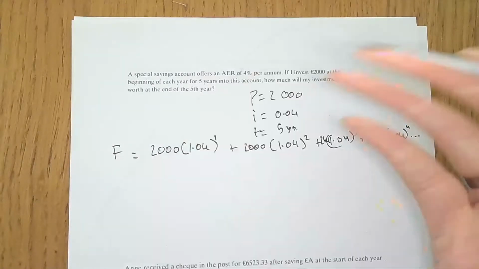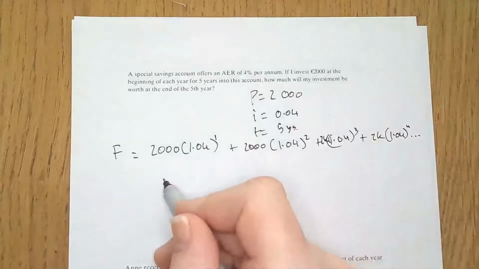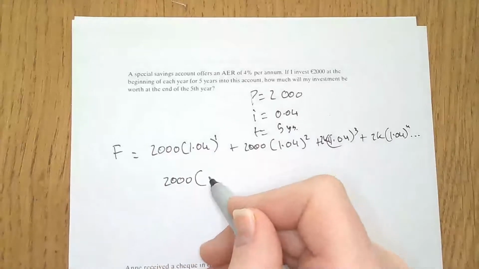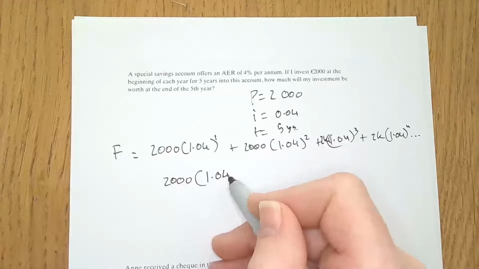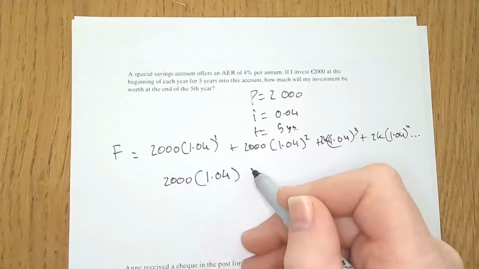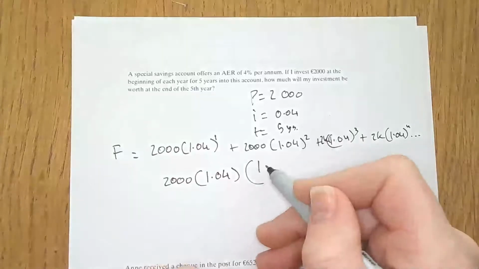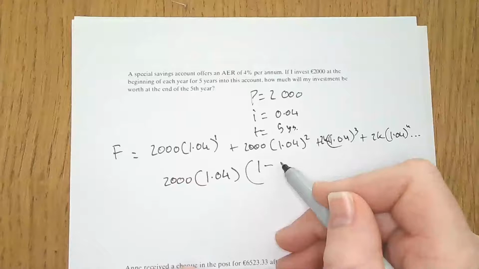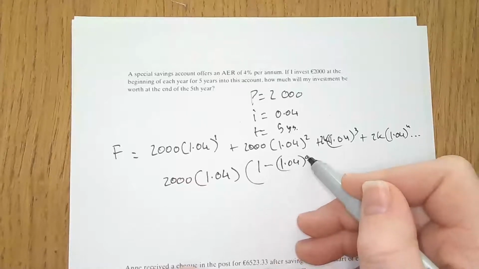So it's P bracket 1 plus I. So that's 2000 bracket 1.04 to the power of 1 multiplied by big fraction 1 minus 1.04 to the power of n, or t.